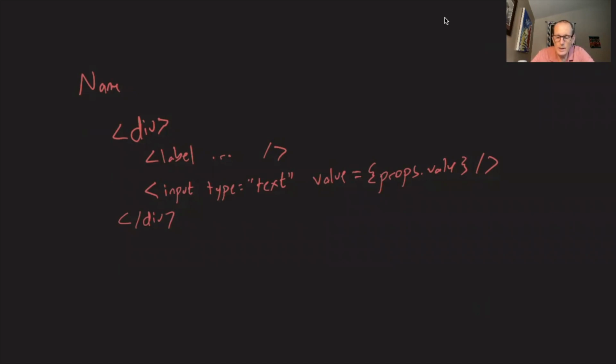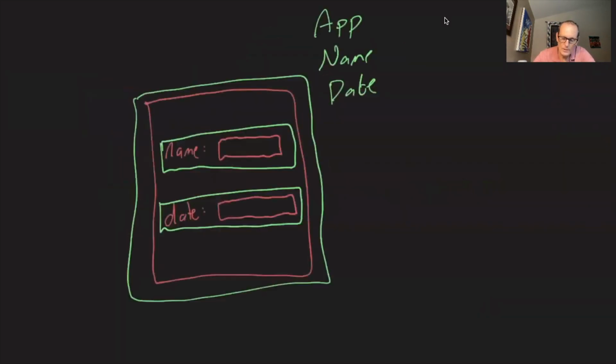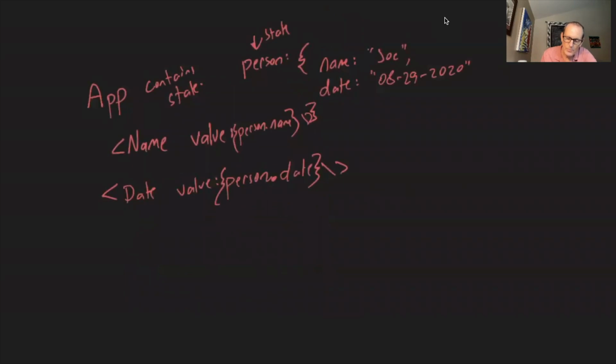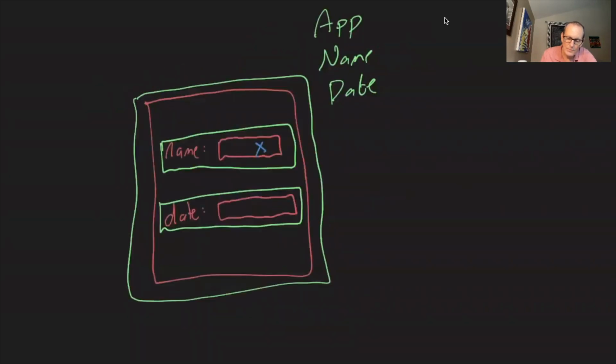That is, how can we go ahead and type something in the name field? So let's say we type an X in there. The name field is Joe, so we would expect this to initially be displaying Joe.